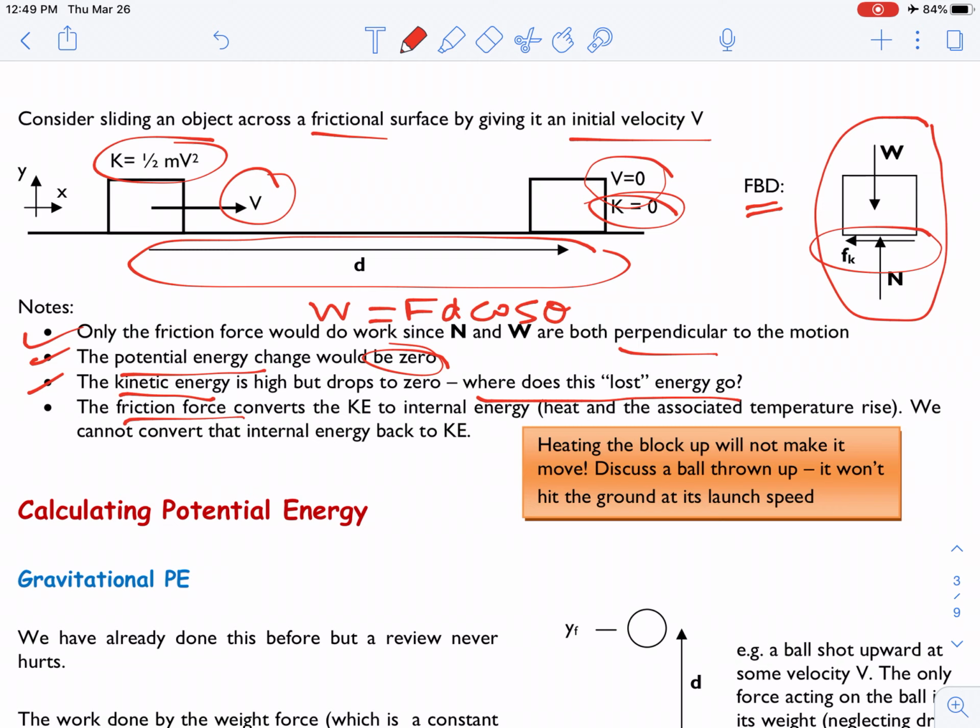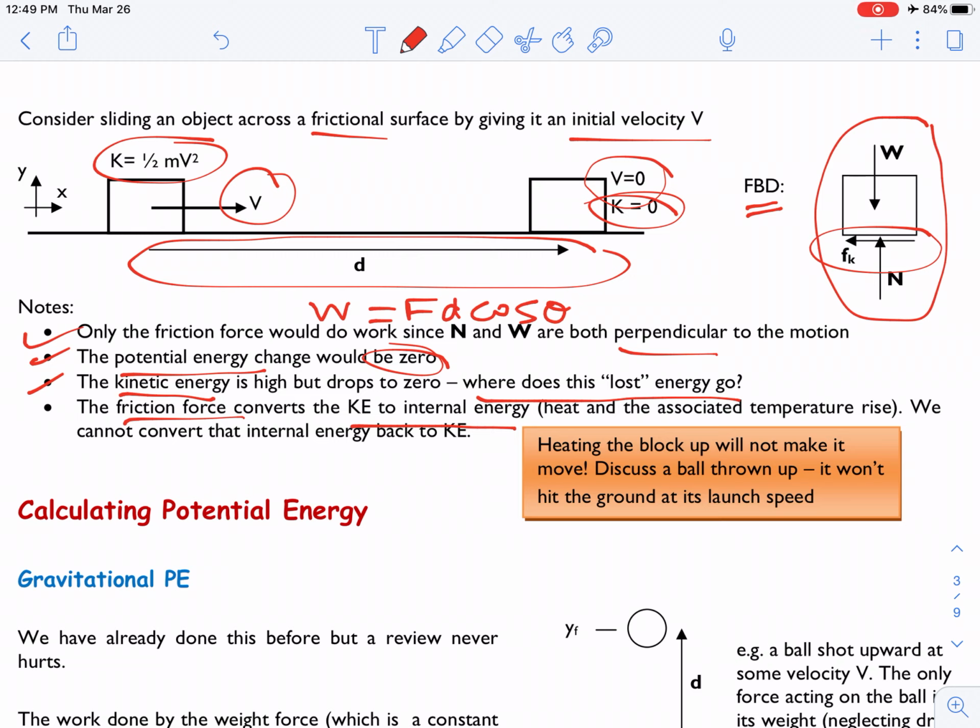So what happens then is the friction force converts the kinetic energy to internal energy. Friction force is not a conservative force, so it is not associated with a potential energy. But it is going to be associated with internal energy. Why is that? Because it is going to warm up.